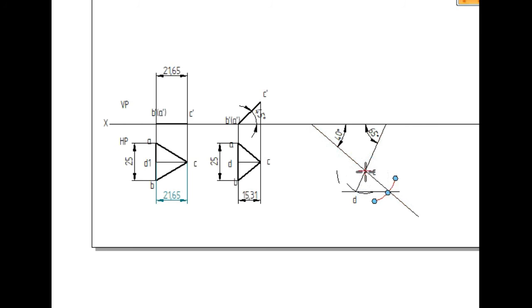Similarly here also 19.76. Okay, so I have cut the arcs.